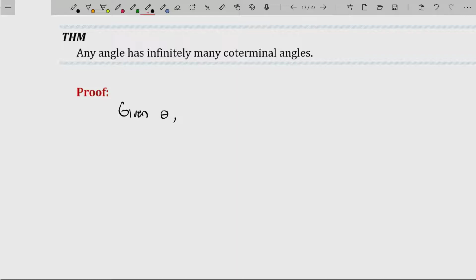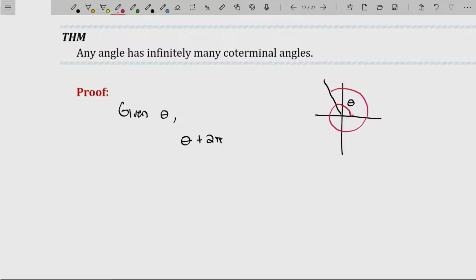Then theta plus 2 pi is also coterminal, lands at the same spot basically. So if this angle here was theta, then going to that angle theta and adding another 2 pi to it, which is a 360 degree rotation, lands us at that very same terminal side.